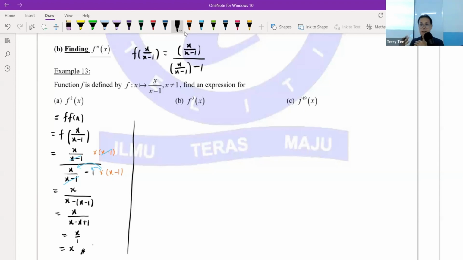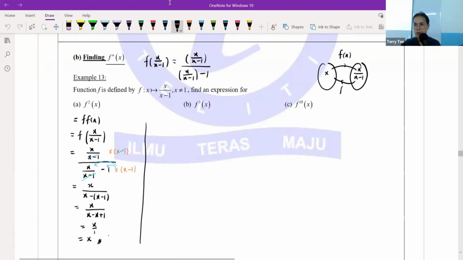Okay, do you know what this thing means? That means the function maps onto itself after f2. So we can represent it using a simple diagram like this. We start from x. You go through function f(x). You end up at x over x minus 1. Then you do one more time. So we need to find f3. f3 means we do f(x), f2(x), another one time.